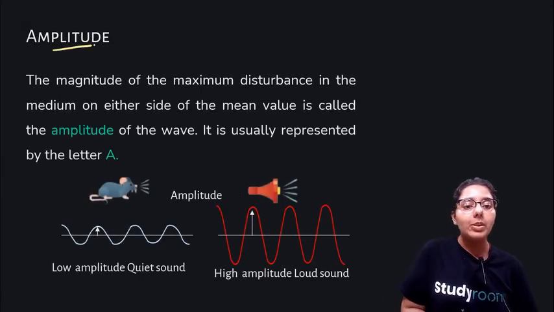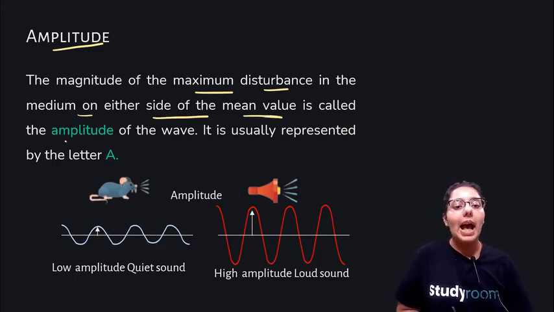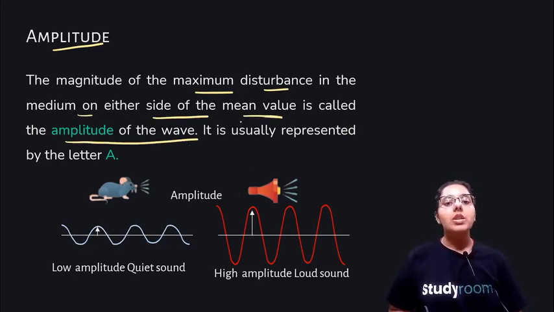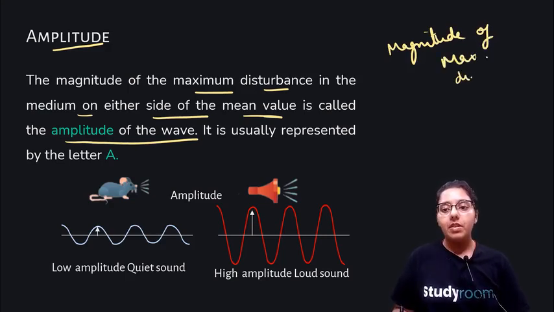What is amplitude? The magnitude of maximum disturbance in the medium on either side of the mean value is called the amplitude of the wave. So it is the amount of maximum disturbance on either side of the mean value.